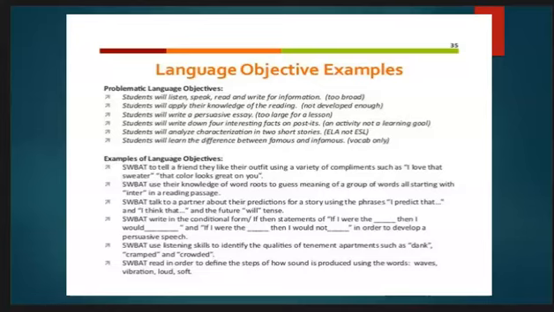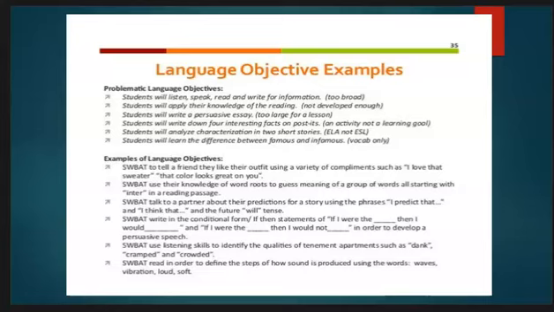That's actually a good learning objective, but it's an ELA content learning objective, not a language ESL learning objective. Students will learn the difference between famous and infamous. Well, that's one very small vocabulary point. It could be broader, and it should be more than just a vocabulary learning objective.